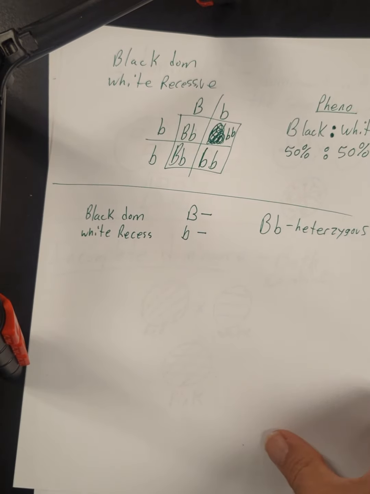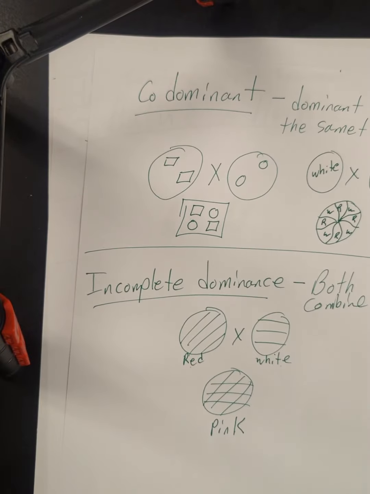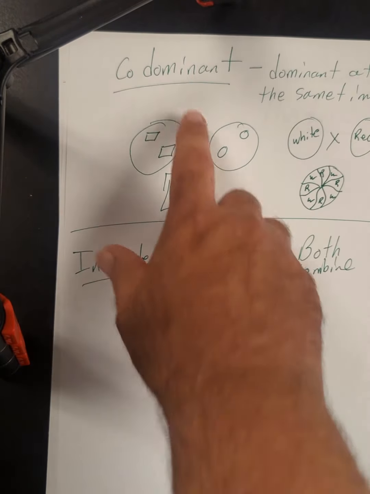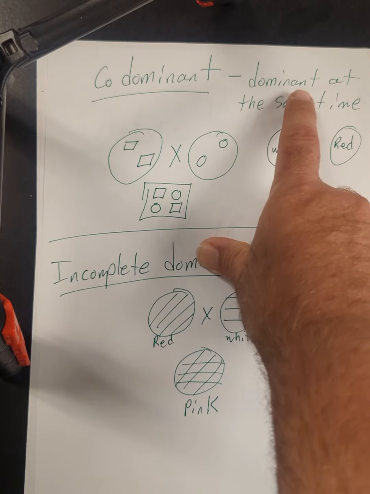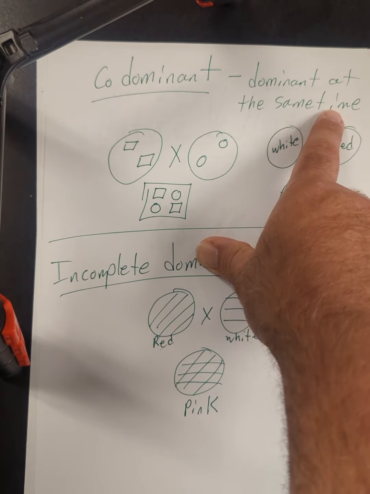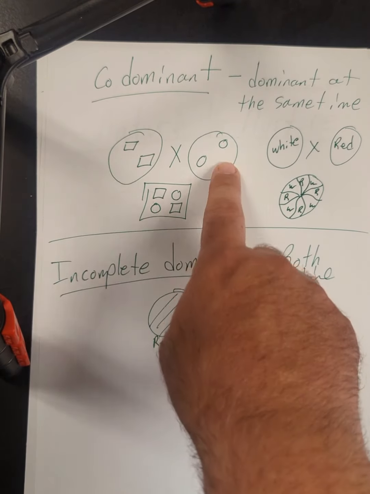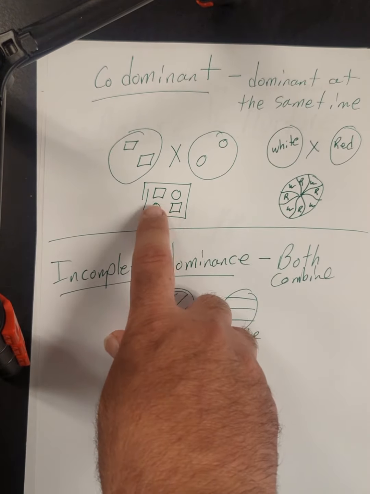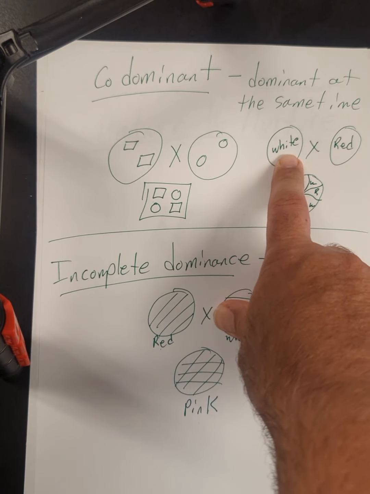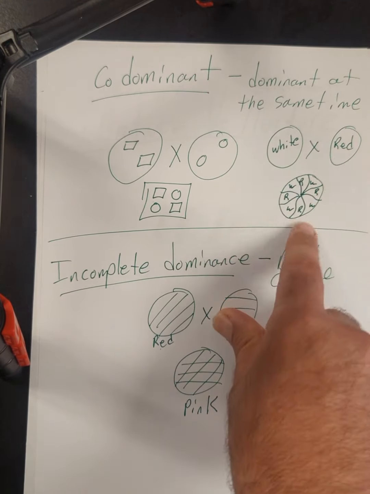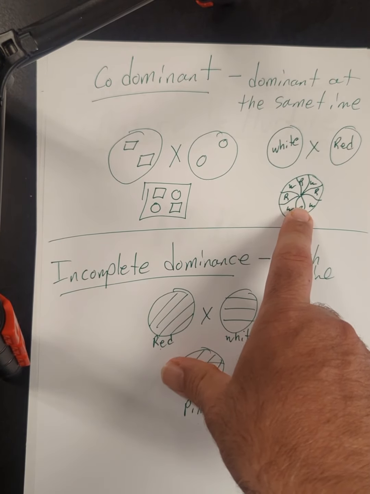All right. So codominant, again, means that both dominant traits show up at the same time. So I tried to draw that here. So you had a parent with squares, a parent with circles, both circles and squares show up. Another way to think about it is if you have a white flower and a red flower, you get a striped flower with red and white stripes.